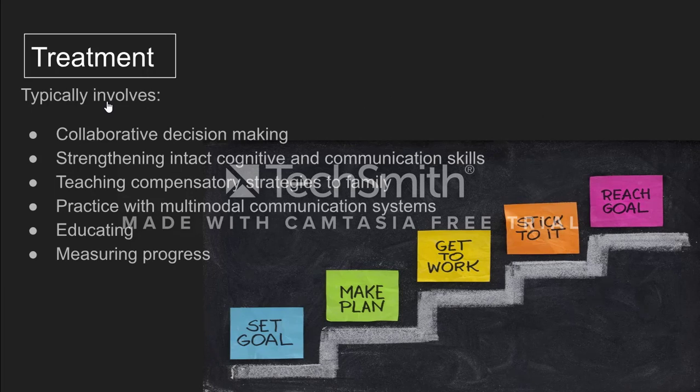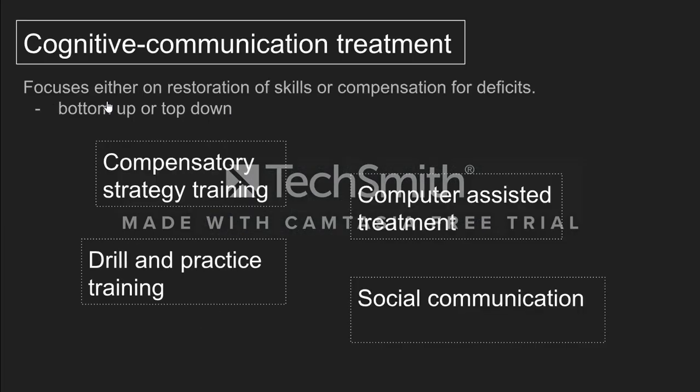Treatment will typically involve focusing on meaningful outcomes, while also including the individual with TBI in collaborative decision-making, strengthening the person's intact cognitive and communication skills to support intervention, teaching compensatory strategies to the individual and his or her family, practicing with multimodal communication systems, educating patients and families about the nature of their deficits, and measuring progress using systematic methods.